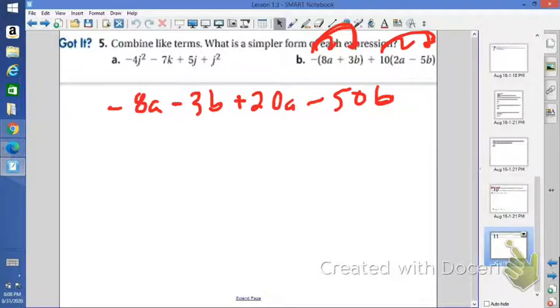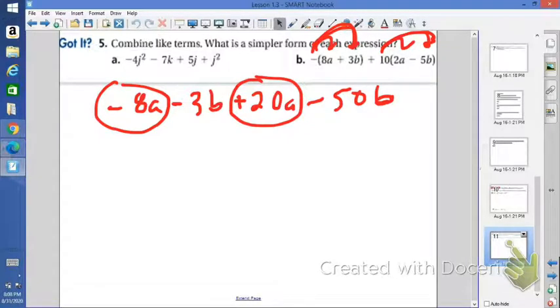Alright, so let's combine like terms. So we have a negative a squared and a negative 8a and a positive 20a. A negative 8 and a positive 20, that's going to give us positive 12, so positive 12a.